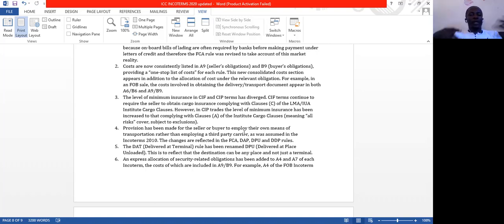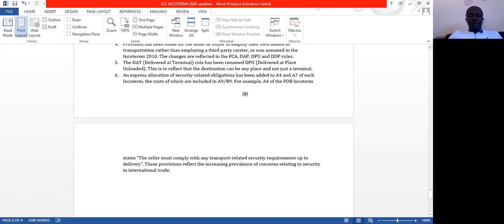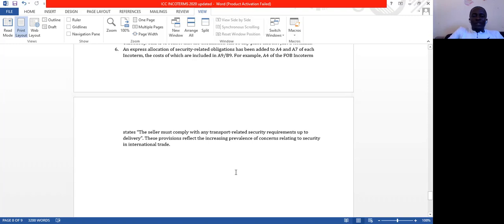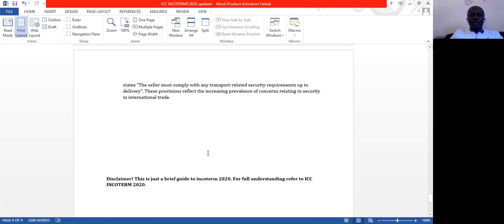For example, we have the A4 of the FOB Incoterm, which states that the seller must comply with any transport related security requirements up to delivery. So these provisions reflect the increasing prevalence of concerns relating to security in international trade, right?